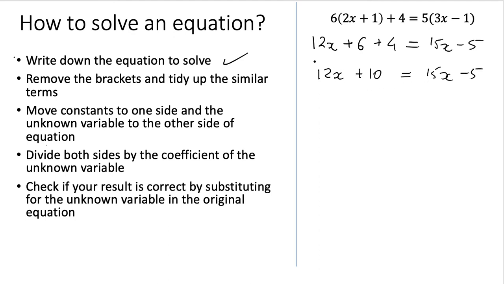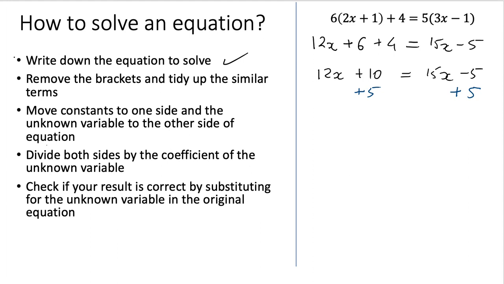Okay, so I have unknown variables and a constant on the left-hand side and unknown variables and a constant on the right-hand side. So I want to move my constants to the left-hand side for a change. To move constants to the left-hand side, I have to add plus 5 on the right-hand side, and I have to add plus 5 on the left-hand side.